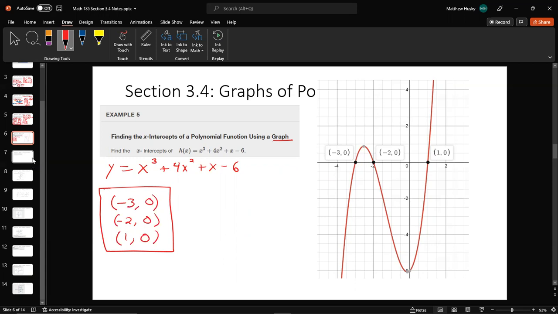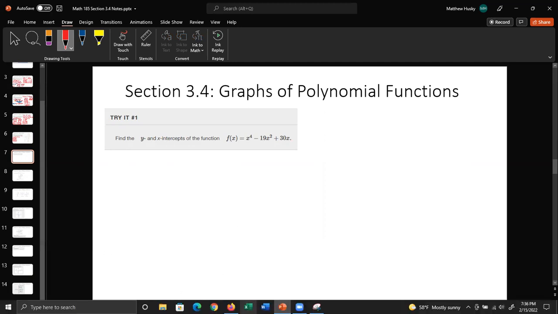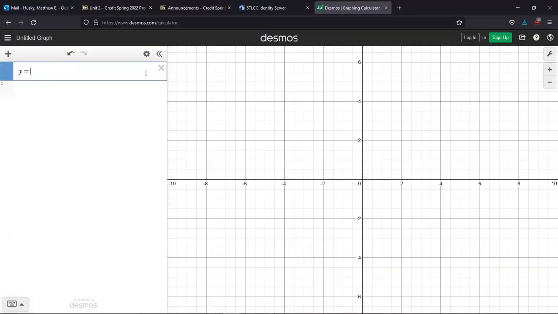Okay, let us see what else we have, shall we? They say find the y and x intercepts of this function. So x to the fourth minus 19x squared plus 30x. All right, let's do a graph of this one here too. So let's delete all this stuff.